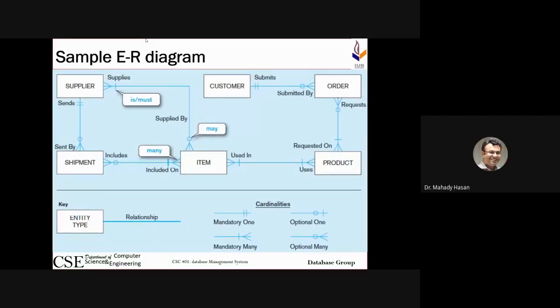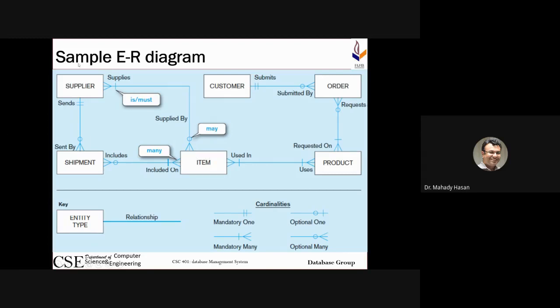So this is an example. Here we have supplier, shipment, item, customer, order, and product. We can see supplier can supply items, items can be shipped through shipment. Customer submits order, order contains products, products are used in item.